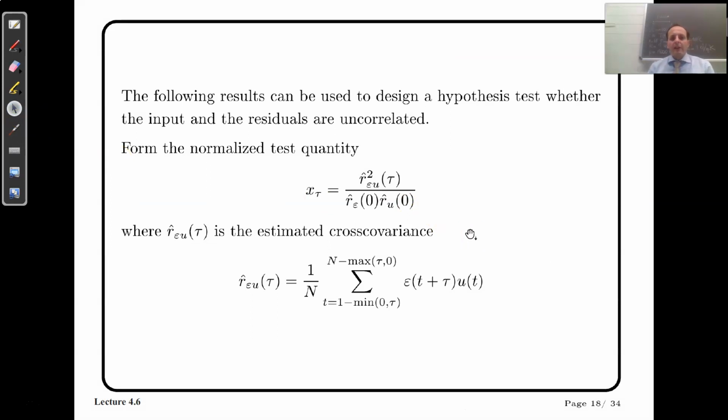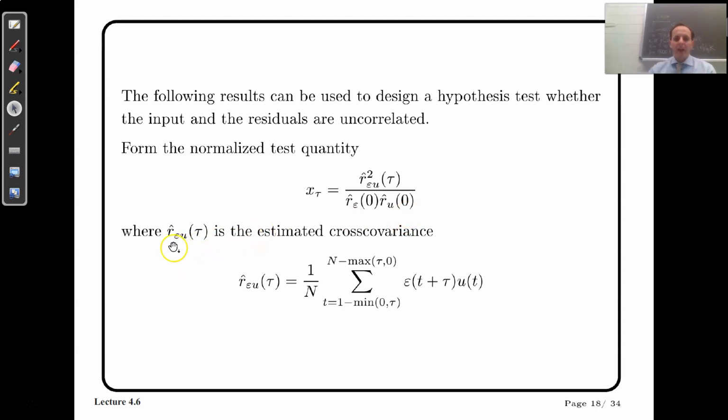The following results can be used to design a hypothesis test in order to understand if the inputs and the residuals are correlated. The normalized test quantity is x of t, which is a normalization of your cross-correlation divided by the values of the autocorrelation of epsilon and u for tau equal to 0.